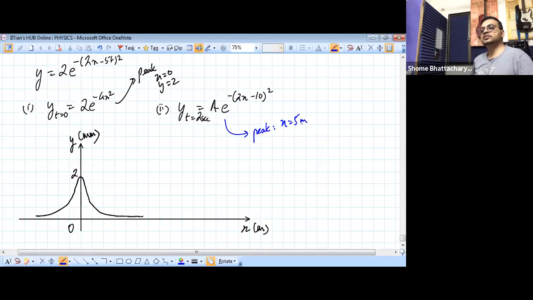So x is equal to 5 meters, y equal to 2, because this amplitude is 2 millimeters. This one. Okay, so this has shifted like this to x equal to 5. This is where it is at t equal to 2 seconds. This is where it was at t equal to 0.